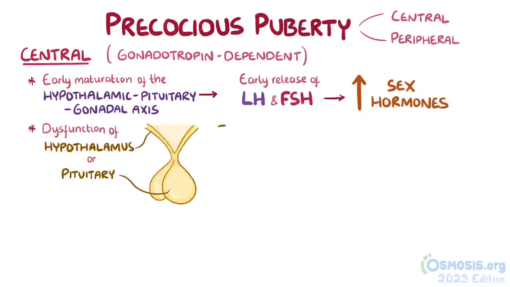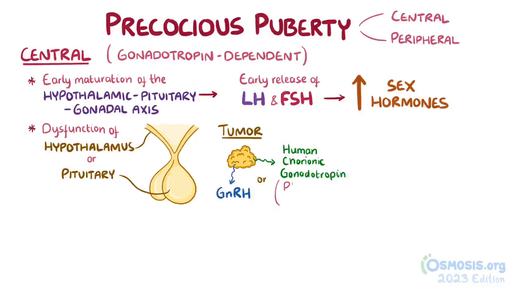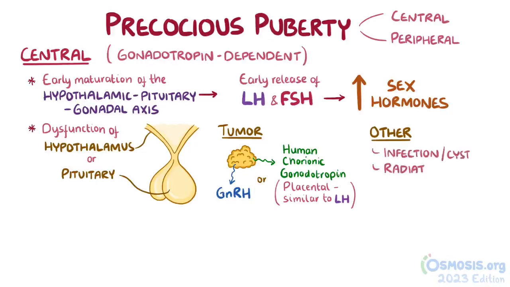One cause could be a tumor that's releasing gonadotropin-releasing hormones, or human chorionic gonadotropin, a placental hormone that's similar to luteinizing hormone. Another cause is an infection or cyst or radiation damage to the brain that impairs the negative feedback system in the hypothalamic pituitary gonadal axis.